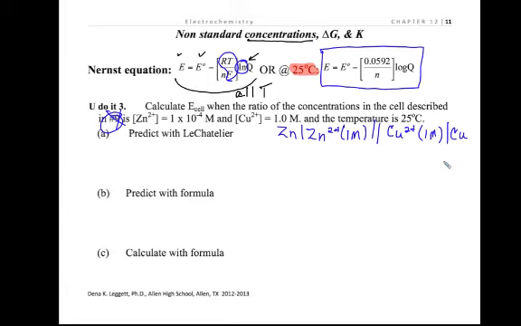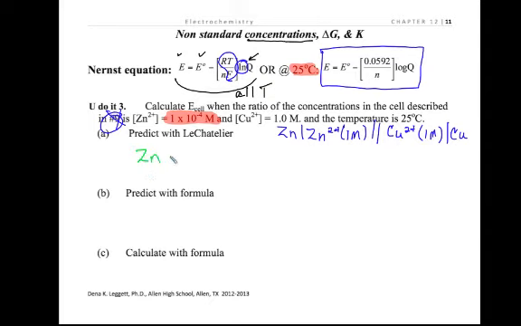Now, what we want to do is to predict what would happen if we changed our zinc ion to 1 times 10 to the minus 4th. So let's first talk about Le Chatelier. I think it is a reasonable way to discuss this. Let's write our reaction.